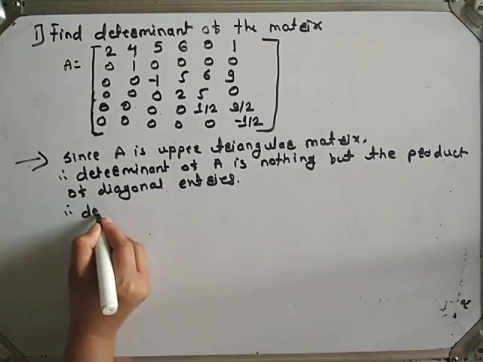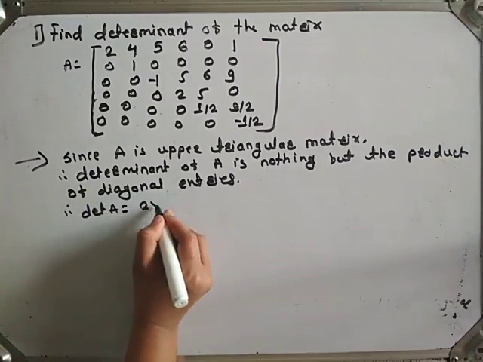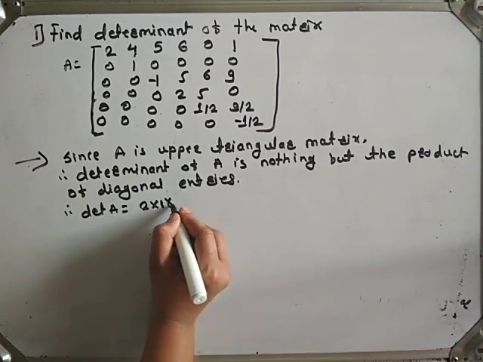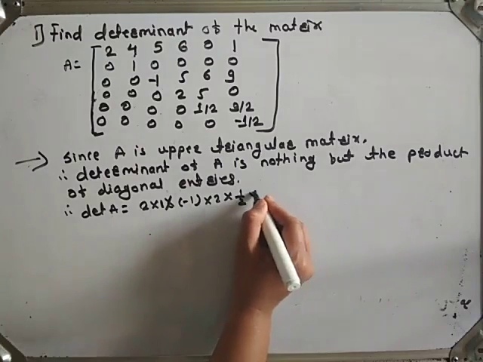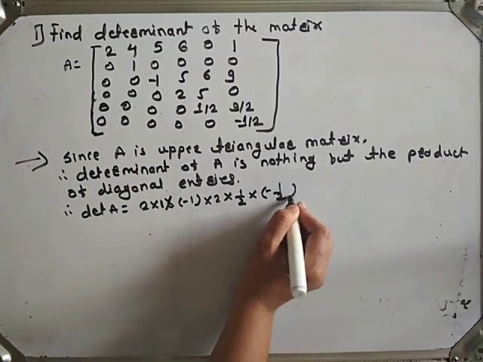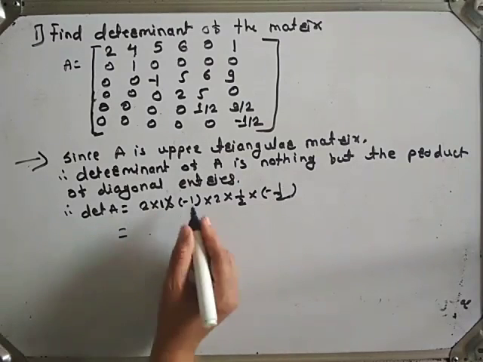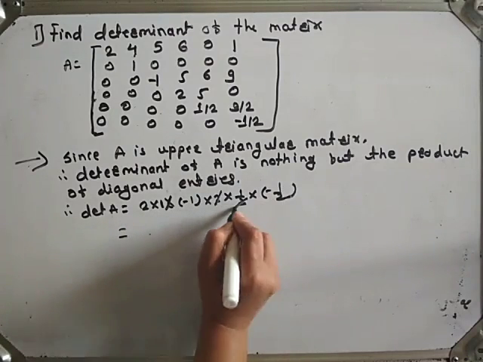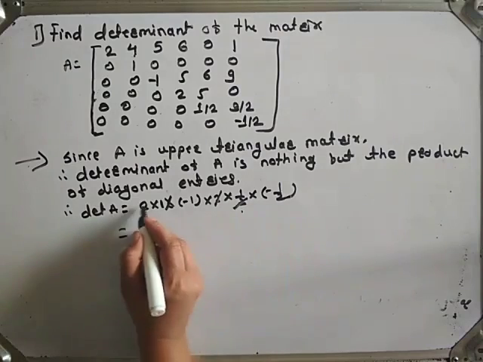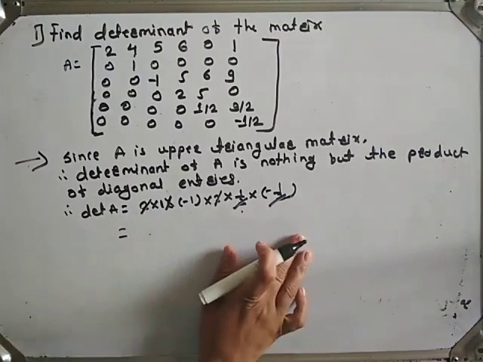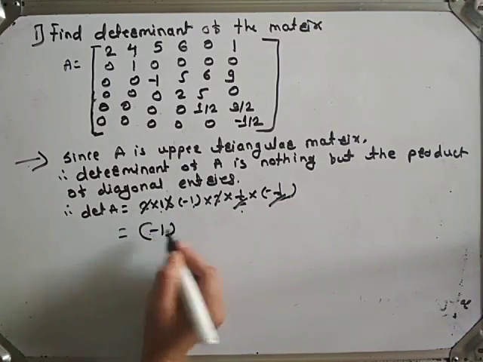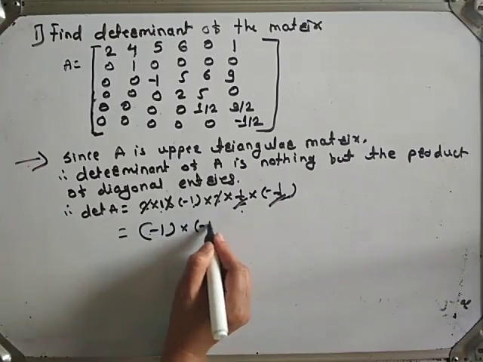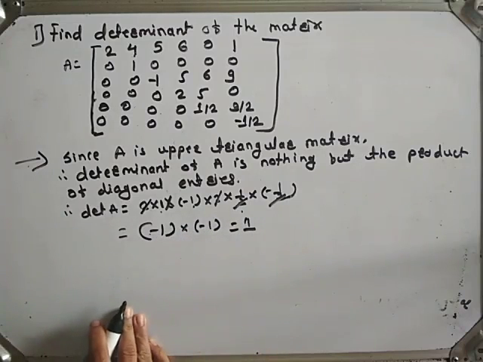Therefore determinant of A is equal to 2 into 1 into minus 1 into 2 into 1 by 2 into minus 1 by 2. Here 2 into 1 by 2 is 1, 2 into minus 1 by 2 is minus 1. So 1 into minus 1 is minus 1, and minus 1 into minus 1 is 1. So determinant of A is equal to 1.